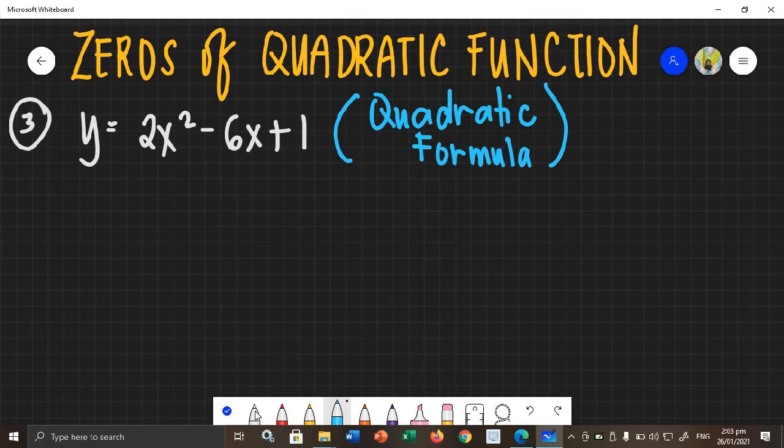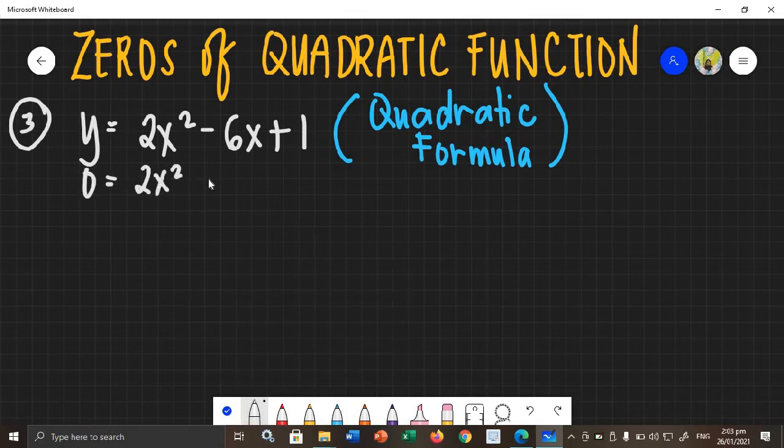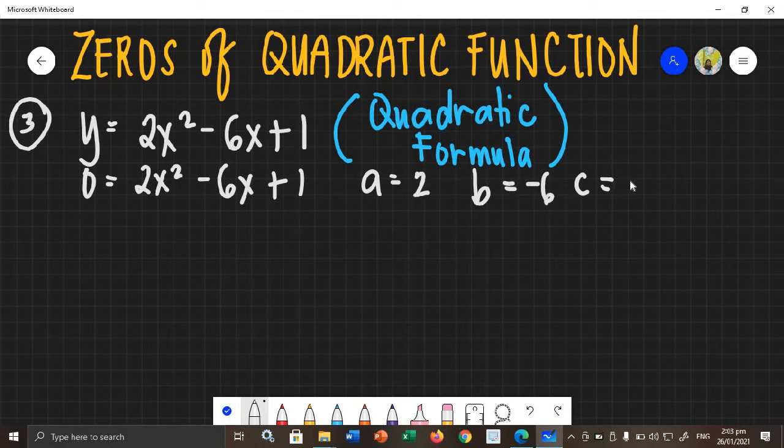So, first, equate muna natin yung function sa 0. And then, kunin natin yung values ni A, B, and C according dun sa quadratic function. So, yung A natin is 2, B natin is negative 6, C is equal to 1.